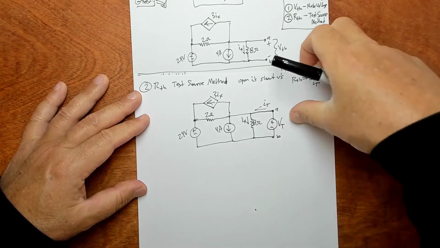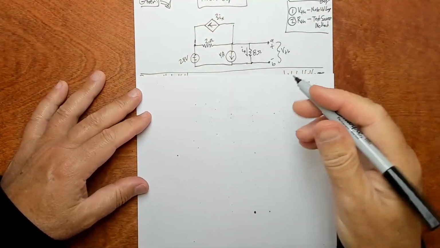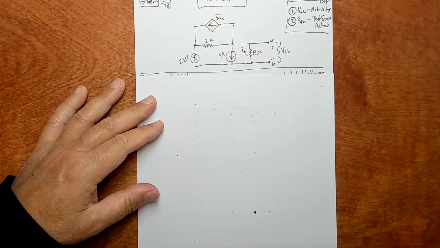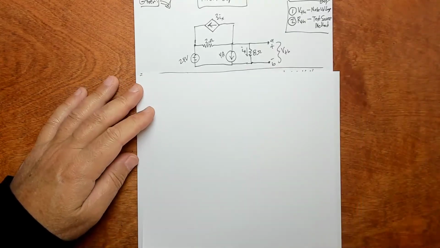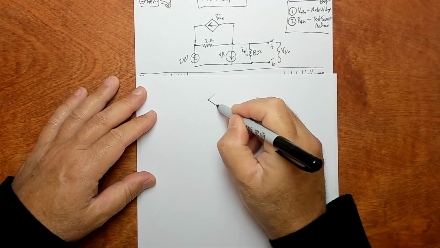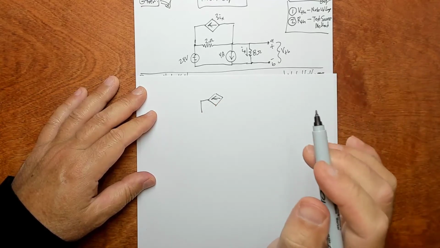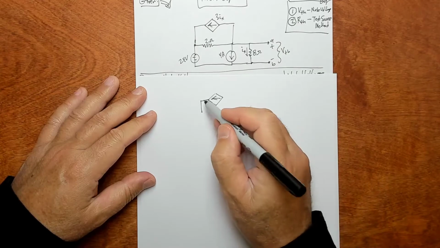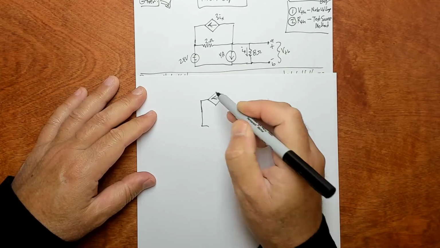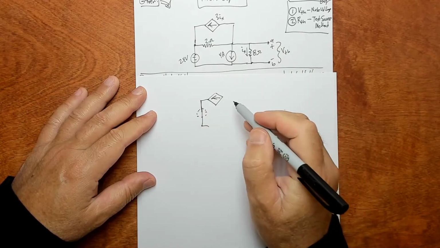You know what? I'm just going to start over right here on this. I'm just going to redo it, okay? Because I could scribble all over it and make it look good, but that's no good. So we're going to open the I's and short the V's. So that was a V I just shorted. This 24 volt right here.